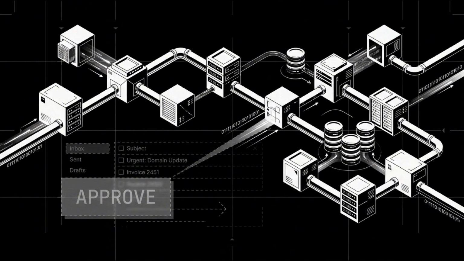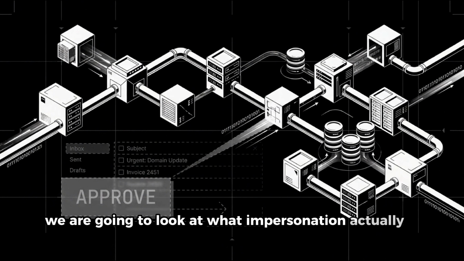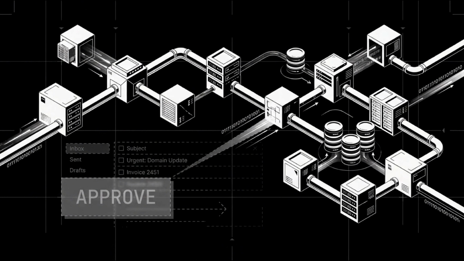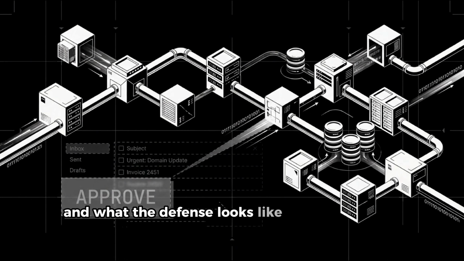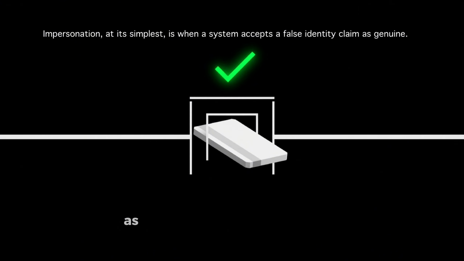In this video, we are going to look at what impersonation actually is at a structural level, why systems are vulnerable to it, what attackers are exploiting when they use it, and what the defense looks like when it actually works. Impersonation, at its simplest, is when a system accepts a false identity claim as genuine.